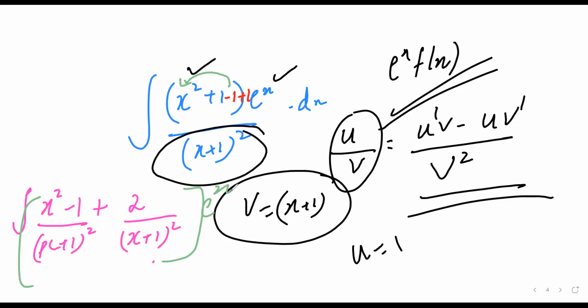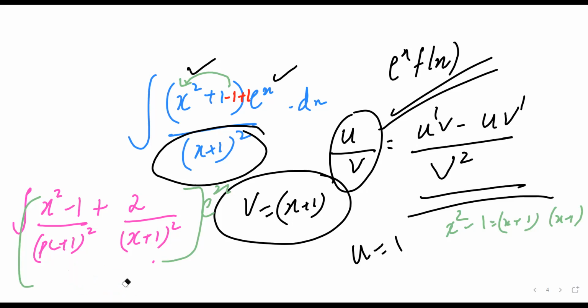What is x square minus 1? X square minus 1 is x plus 1 into x minus 1. Correct? So I will get on the numerator what? X minus 1 by x plus 1 the whole square. If it is not clear, I'll just write it down one more time.